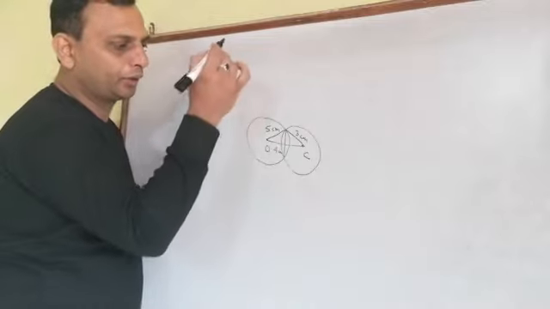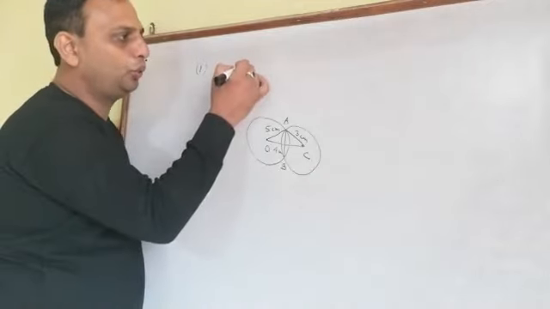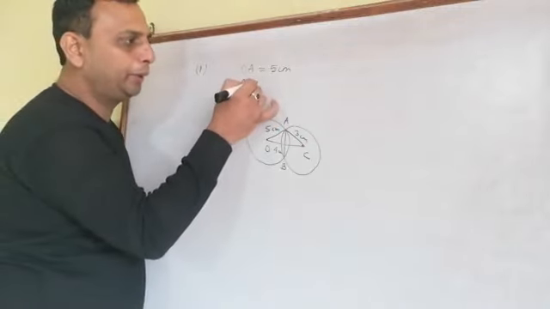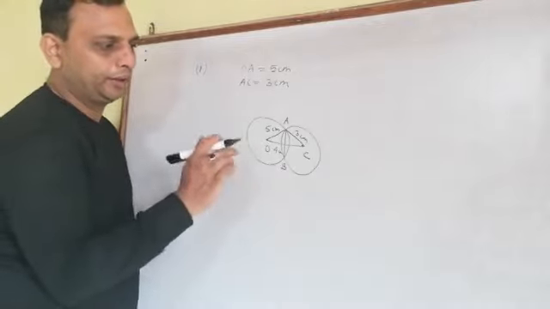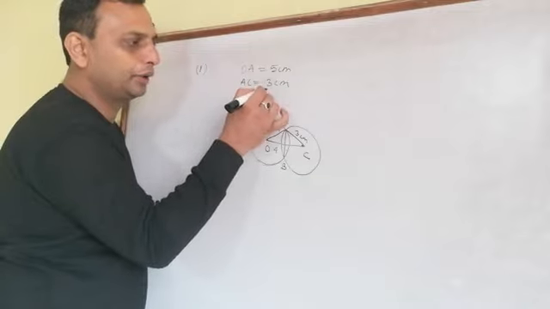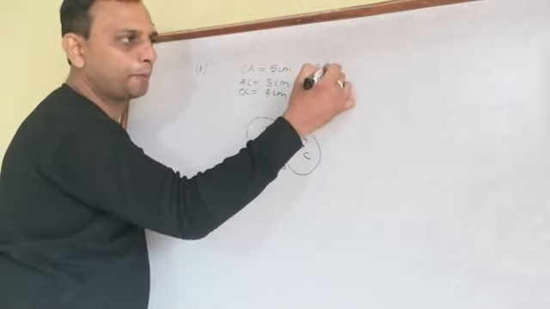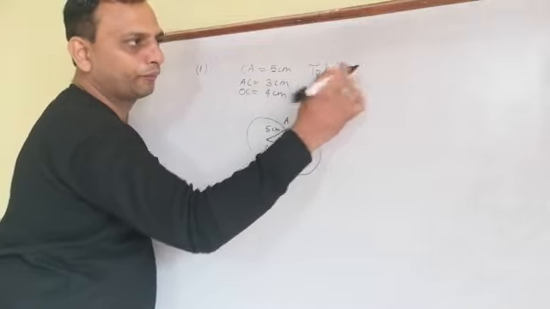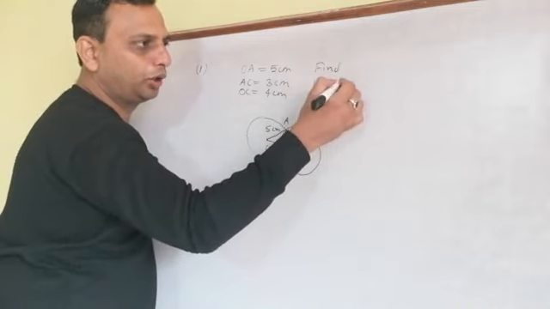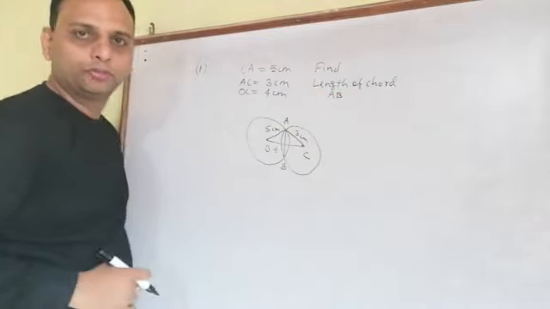So this point is A, this point is B. OA will be 5 centimeter, the bigger radius, and AC will be 3 centimeter, the other radius. OC is 4 centimeter, the distance between the two centers, and we have to find the length of chord AB.